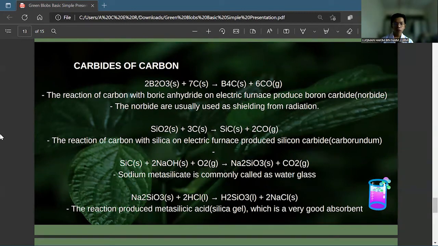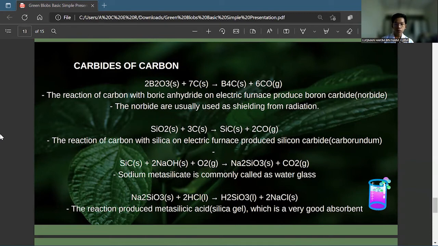For the next one, SiC plus 2NaOH plus 2O2 becomes Na2SiO3 plus CO2. For this reaction, sodium metasilicate, Na2SiO3, is commonly called water glass, which I told you about before.